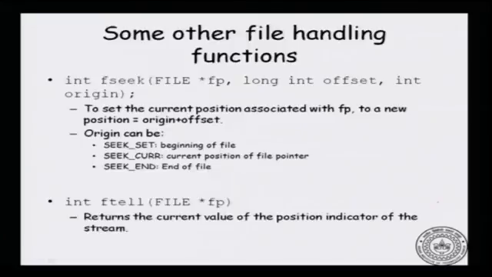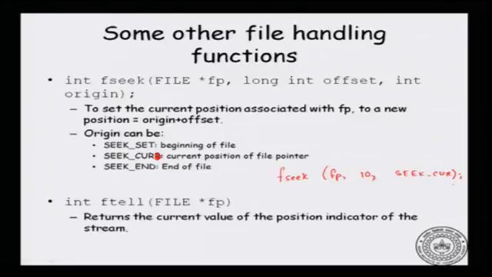Again, what you can do is, if you say fseek fp and let us say 10 itself, but SEEK_CUR. Okay. So, there is a typo here, this is just CUR.